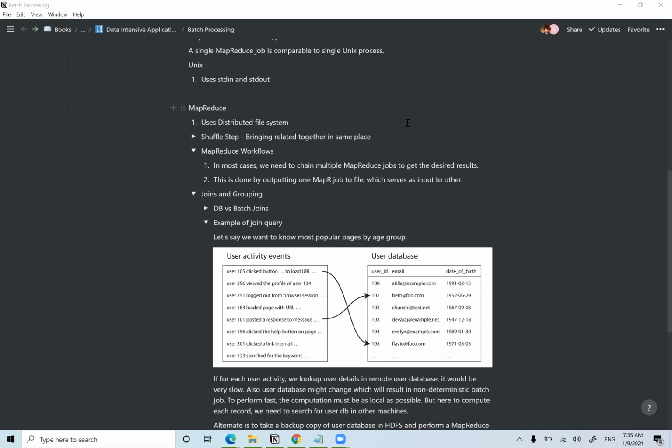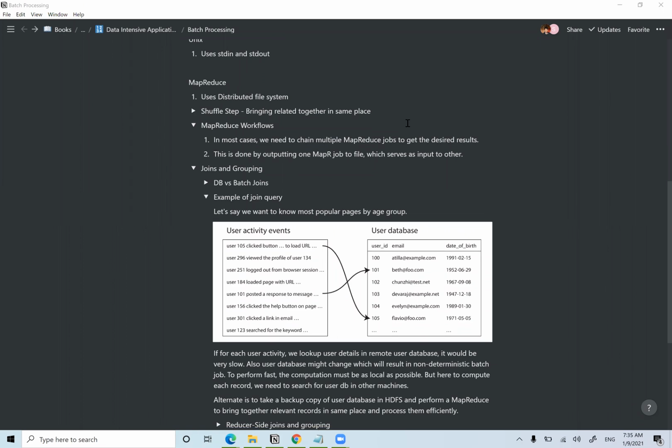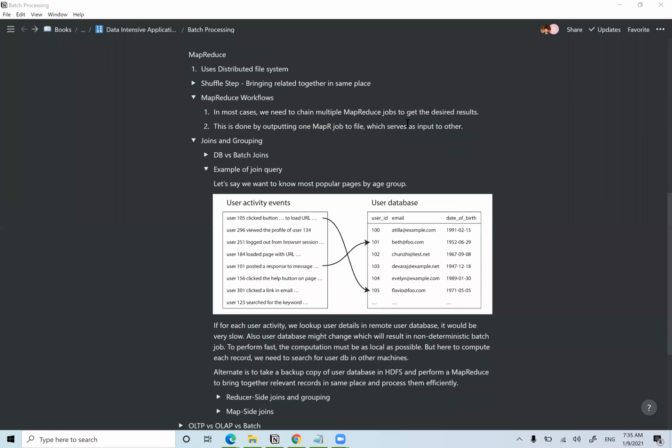So today, first I'll give a brief overview of the things that we're going to discuss, and then we will jump on those things one by one. Whenever we are doing batch processing where we have to process lots of data, we will most often encounter the scenarios of joins and group, right, where we want to join two different kinds of data, like for example in SQL when we have to join data between two different tables, right?